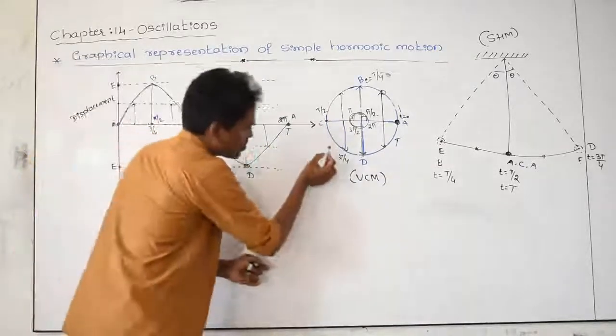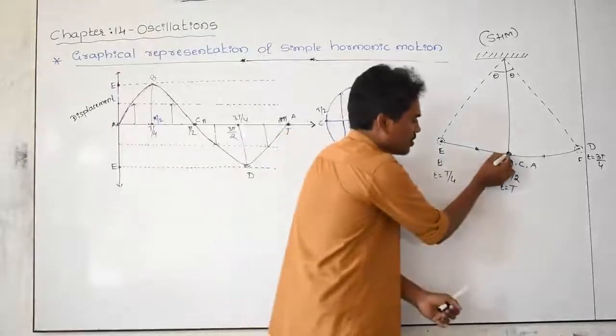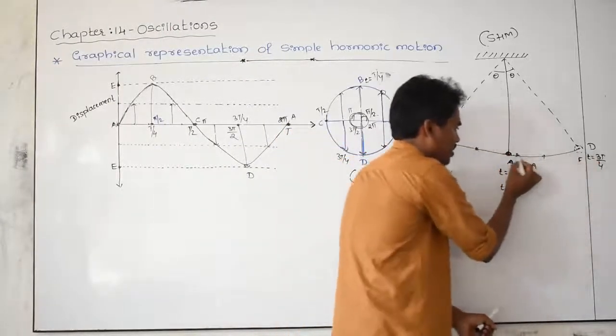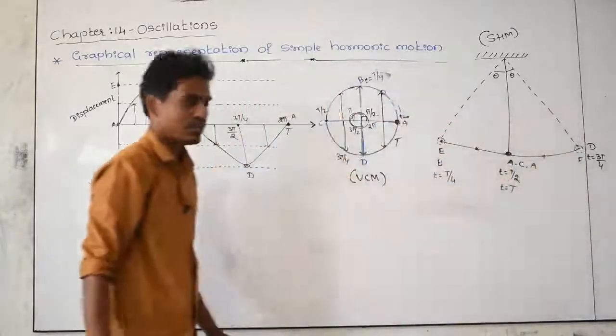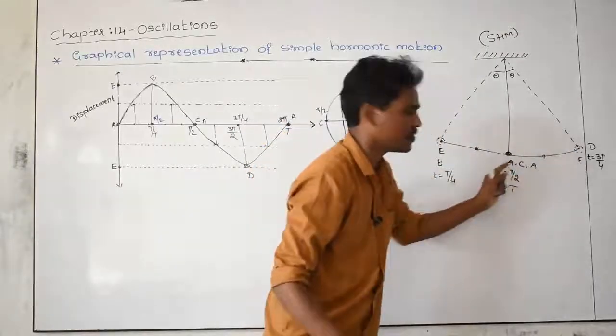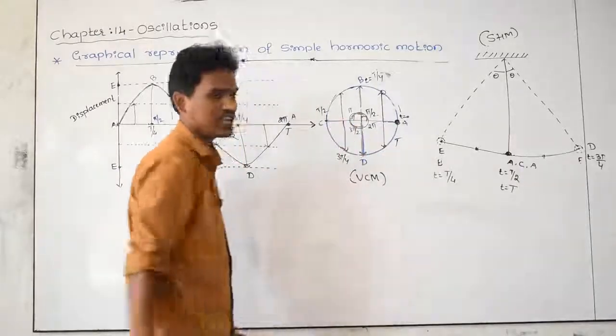The graphical representation of this one is this one. And here this is half cycle and this is half cycle. And here this half plus this half, total one cycle.